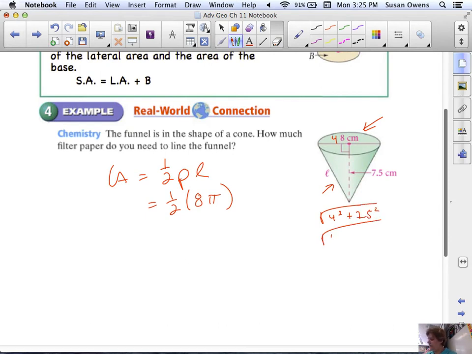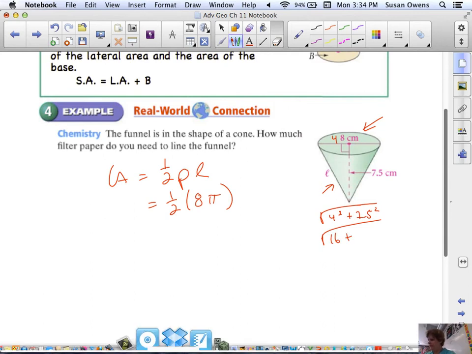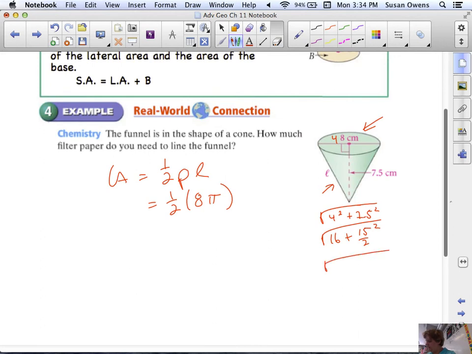So the square root of 16 plus, okay, so I'm going to try to keep this as exact as possible. So I'll make this 15/2 squared. So this is 16 plus 225/4. So make this a common denominator. So this will be 64 plus 225 over 4.